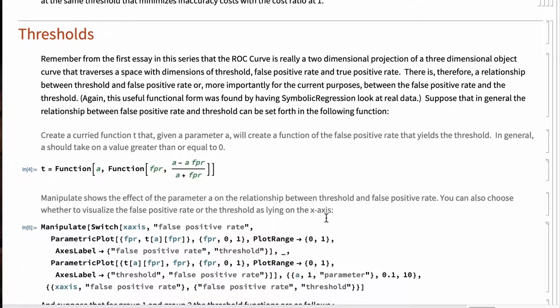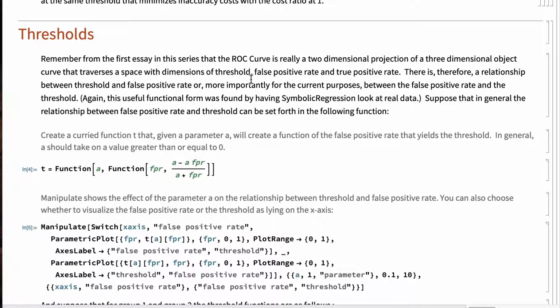Let's talk about thresholds. You remember in the first essay that I talked about how the ROC curve that we usually see is actually a two-dimensional projection of a three-dimensional object. It's a curve that traverses a space with dimensions of false positive rate, true positive rate, and threshold: x, y, and z. What this means is there's a relationship between threshold and false positive rate.